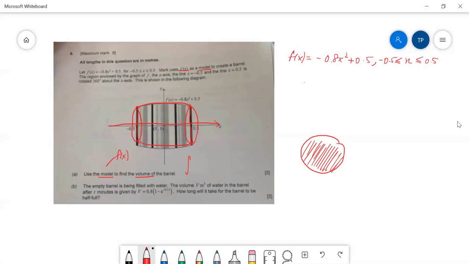Because when we are finding area, what we are actually finding is the area of rectangles. We're actually summing all the areas of rectangles to find the area under the graph.